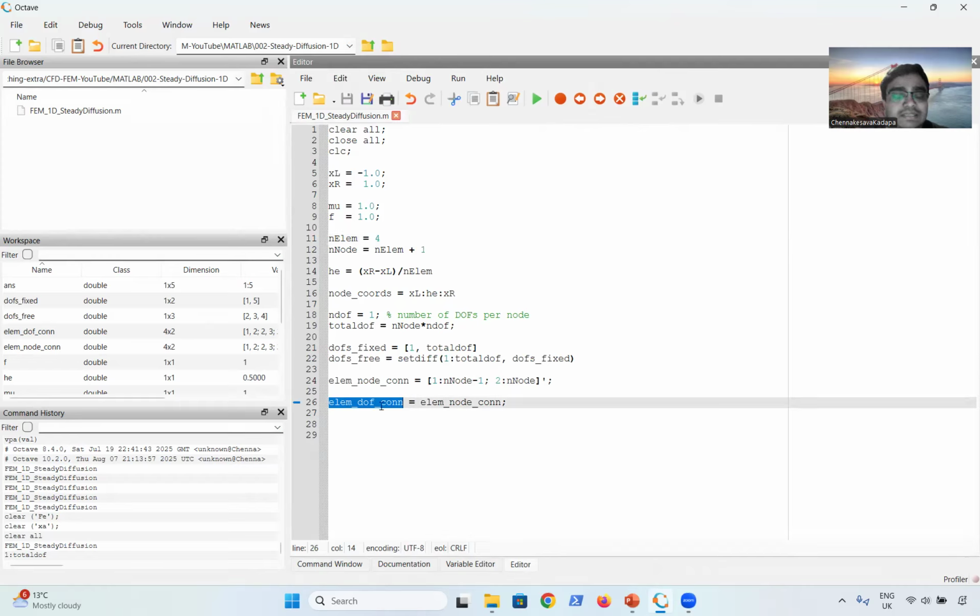This next array is the same as the element node connectivity array, just a different name. Like I mentioned, this array is going to be useful, and this is what we use for assembly. If we have more than 1 degree of freedom per node, then these two arrays would be different, and that would make a significant difference when we do the assembly.